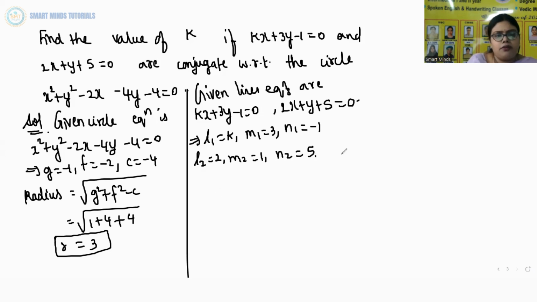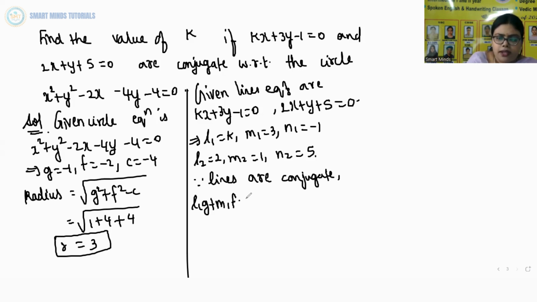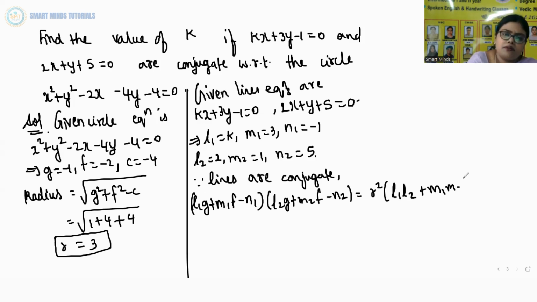After you get all the values, since the lines are conjugate, we write the condition. What is the condition? (l1 g plus m1 f minus n1) into (l2 g plus m2 f minus n2) is equal to r square into (l1 l2 plus m1 m2).